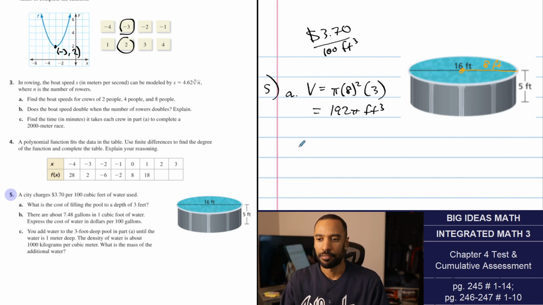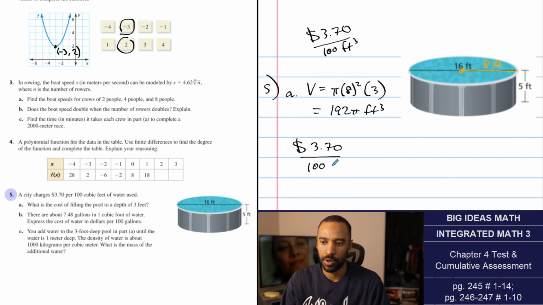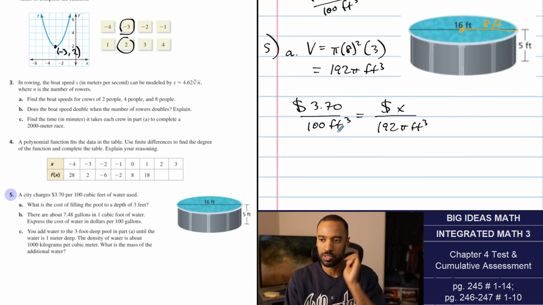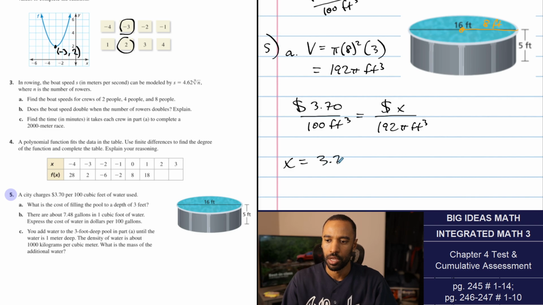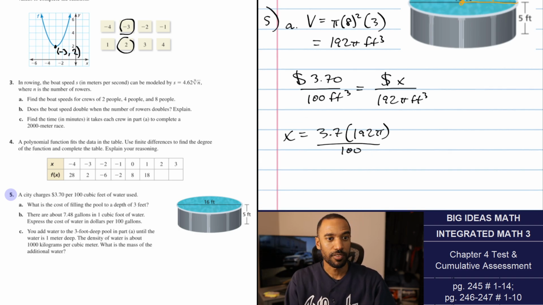If we have $3.70 per 100 cubic feet, and we need to figure out the cost of X dollars per 192 pi cubic feet, then we multiply both sides by 192 pi. So X is going to equal 3.7 times 192 pi all over 100. And that'll give us money.